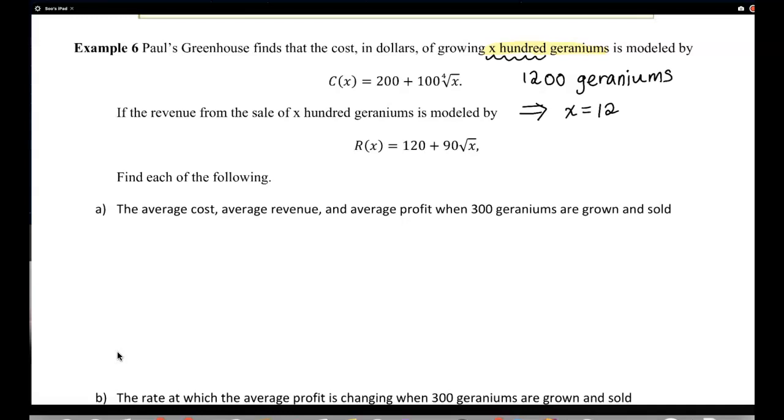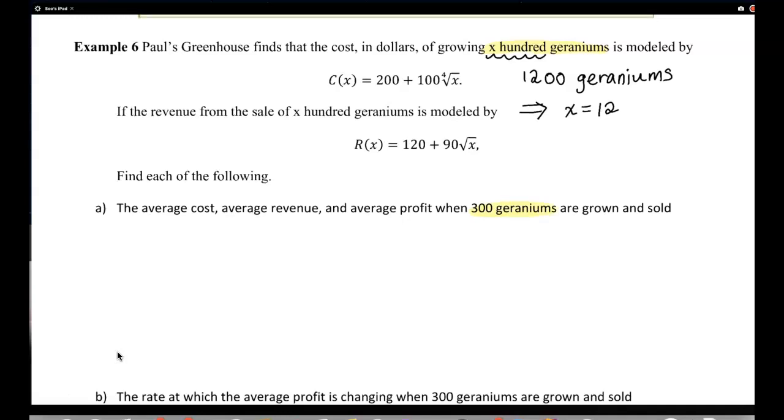I'm looking ahead. They said they're going to ask us to use 300 geraniums. So X is not equal to 300. X stands for how many hundreds of geraniums we have. So instead of X being 300, X is equal to 3. Just a little thing that could make a big difference when we find the answer.